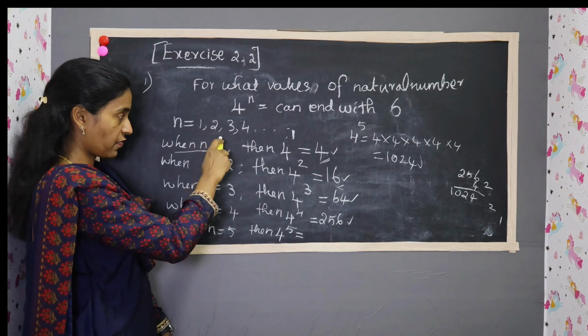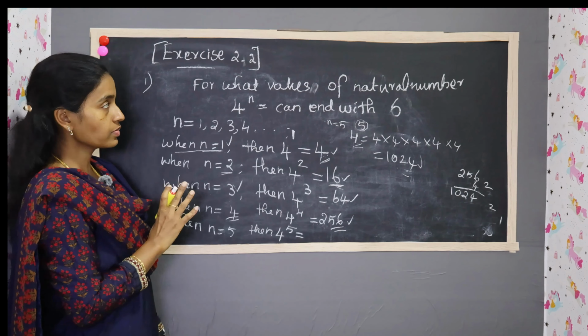Whenever we apply odd numbers for n, the last digit is 4. And here 16, this 2 is an even number and this 4 is an even number. For n power 5, we again get the last digit as 4.